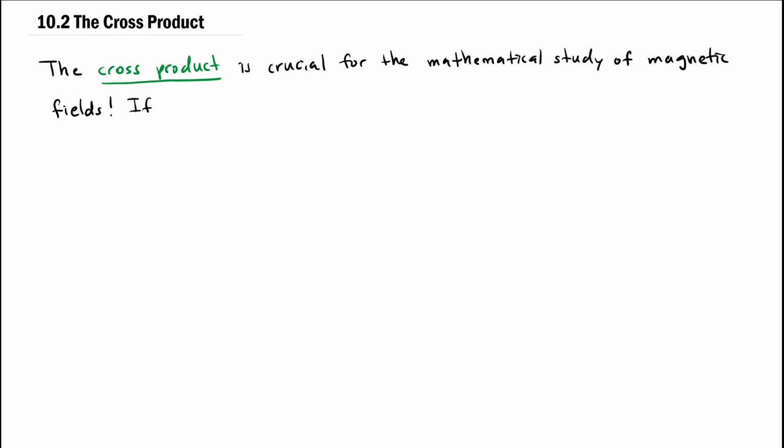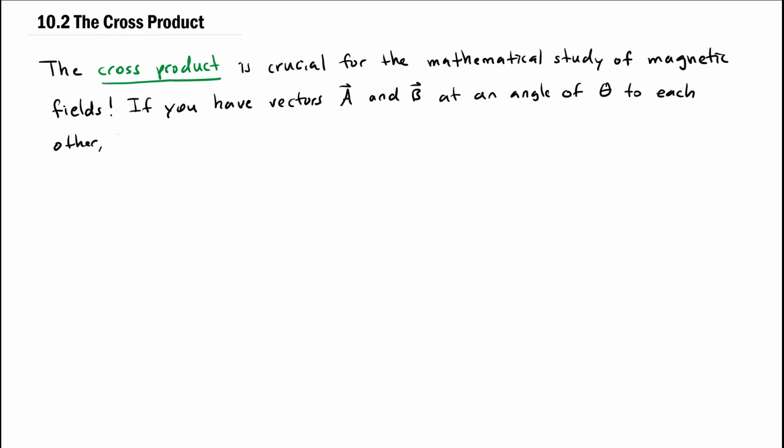So if you have two vectors, let's just say A and B, at an angle of theta to each other, then we define the cross product as follows.